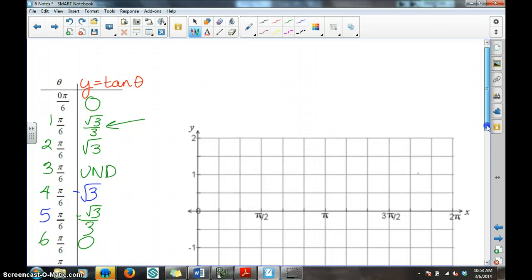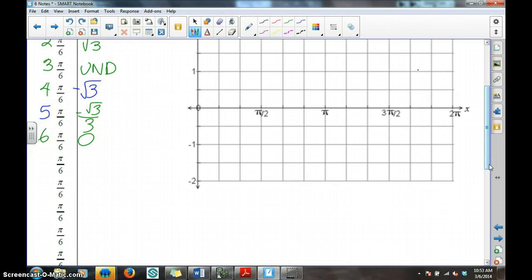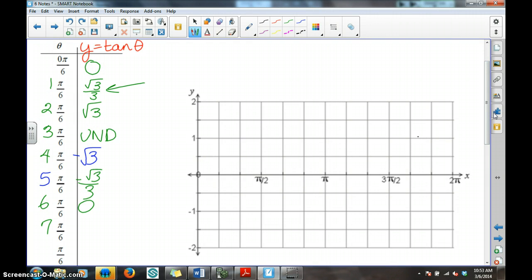Nice job. After that, 7 pi over 6 is 7 sets of 30, or 210, which has a reference of 30. So it'll have the same answer again as my 30, and in quadrant 3 will be positive.